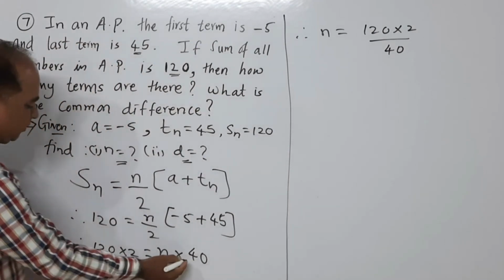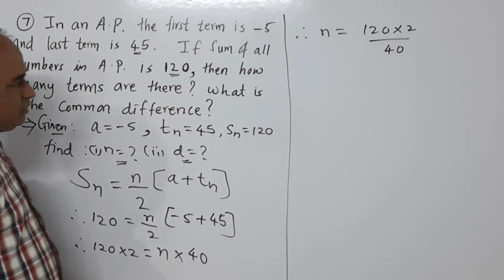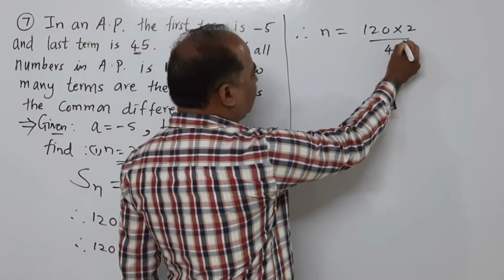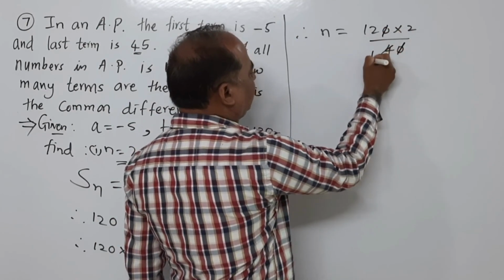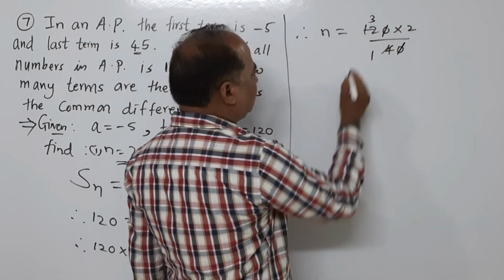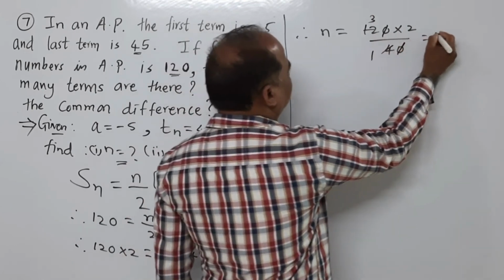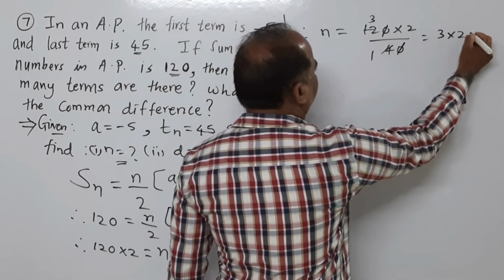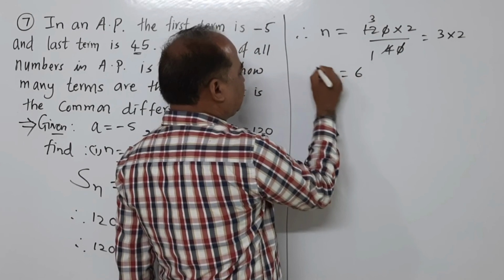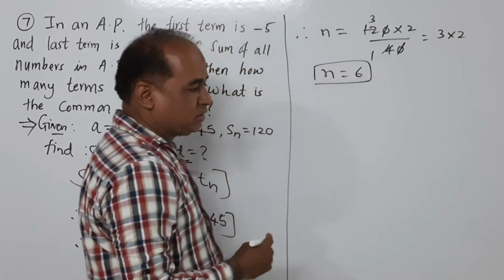Here 40 is multiplication, it will come down, it will get divided. So now divide 120, 0 0 cancel, 4 1 are 4, 4 3 are 12. So n is equal to 3 into 2, which is equal to 6. Value of n is equal to 6.